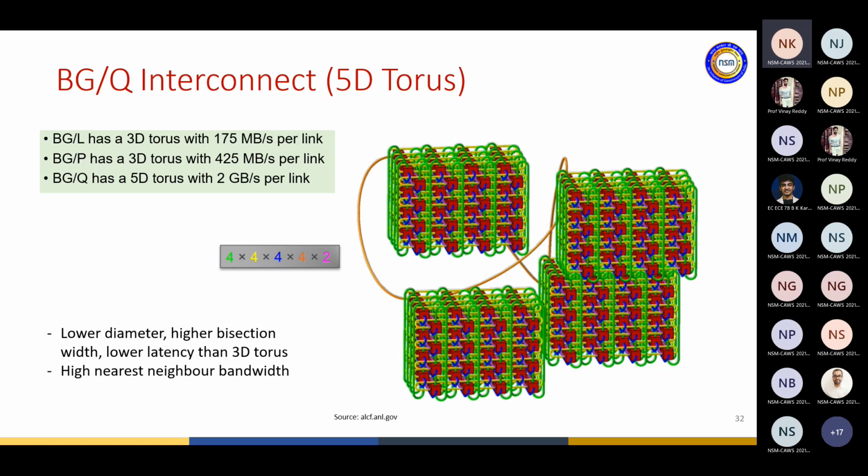So for simplicity, let's say a 2n cross 2n 2D mesh. You will go n in one dimension and then n again in another dimension. That would be the maximum distance for a 2D mesh. For a torus, you are connecting the top and the bottom element of this grid as well, right? Which means you just have to traverse half in one dimension and half in another dimension.